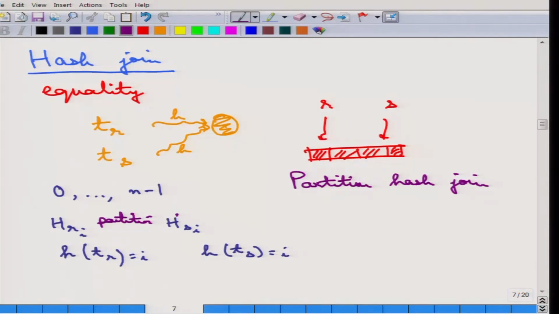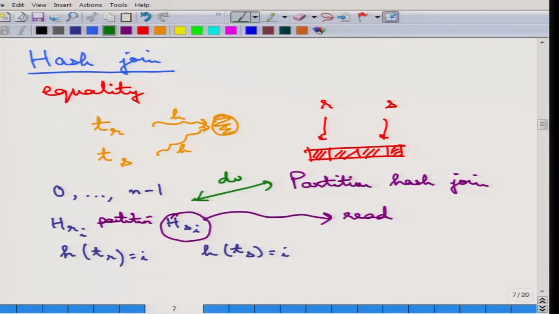Once this step is done, one of the partitions from HSI is read into memory, and an in memory hash index is built. So, remember that this partition hash function is out on disk. So, this is operating at a disk level. This is partitioning the tuples into disk based partitions.